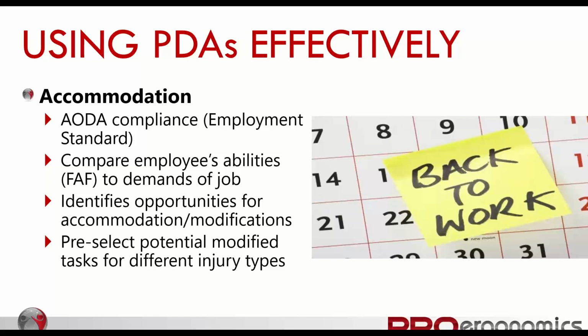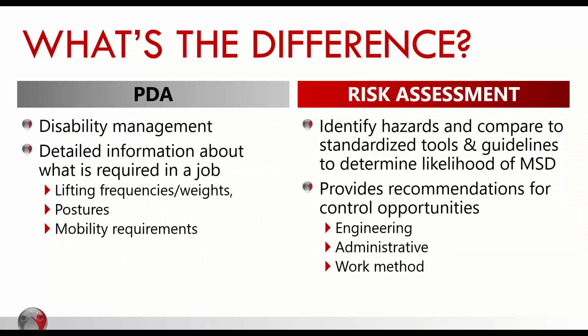And then when we went through and measured everything, we could not find anything heavier than 30 pounds. So it ended up being a modification, an update to the job description, because we were asking for more than what was required in the capability of somebody applying for the job. So you can use a PDA in lots of different ways.